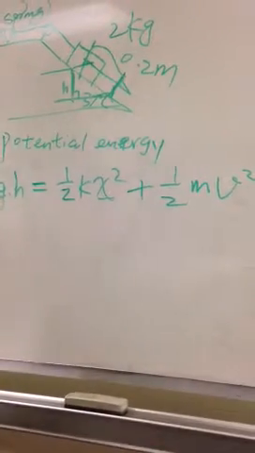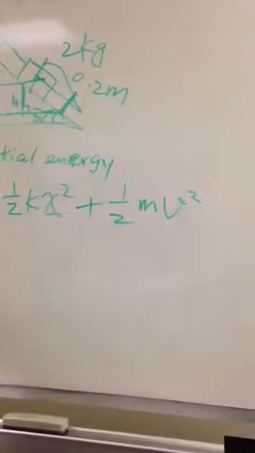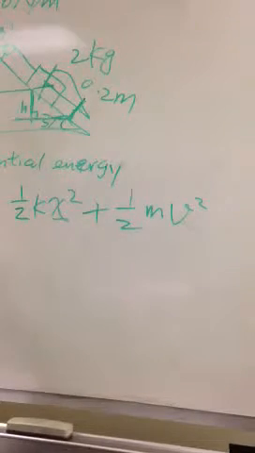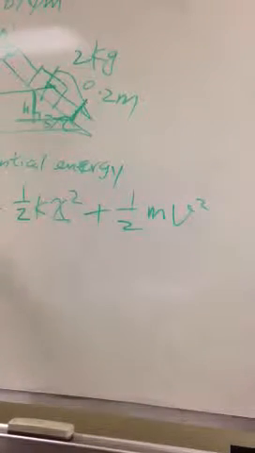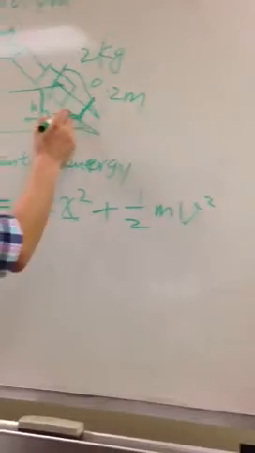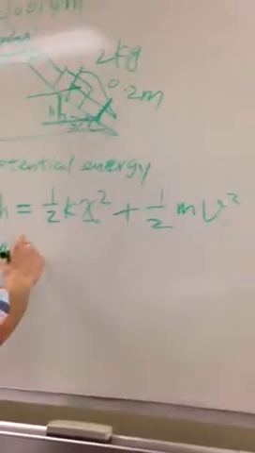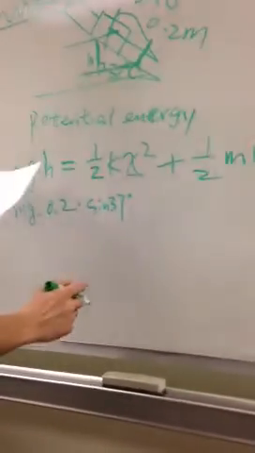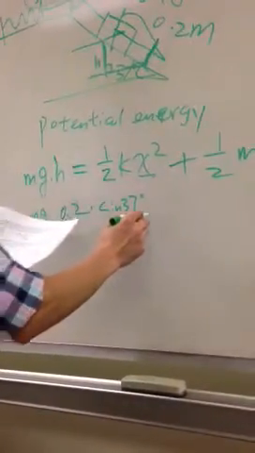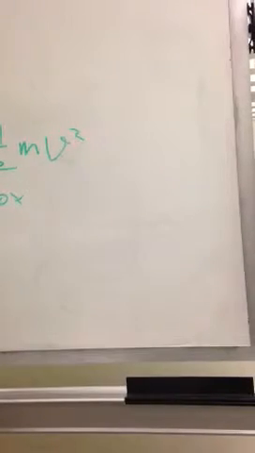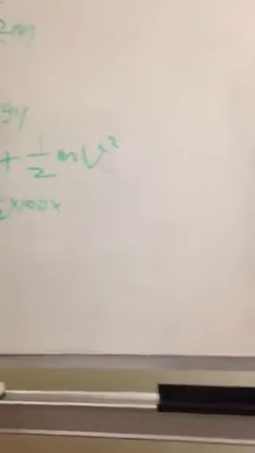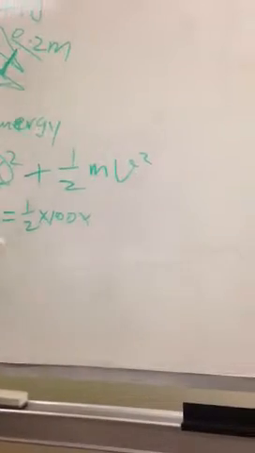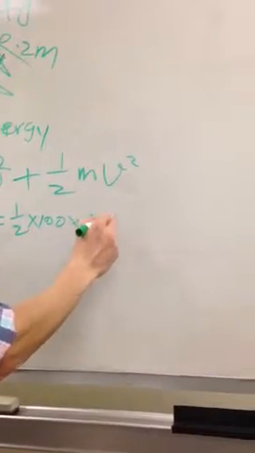And then let's calculate. mg times h will be 0.2 times sine 37 degree. And k is equal to 100. x is 0.2. So if it moves 0.2 here, the spring needs to move 0.2, right? The extension. So it's 0.2 squared.